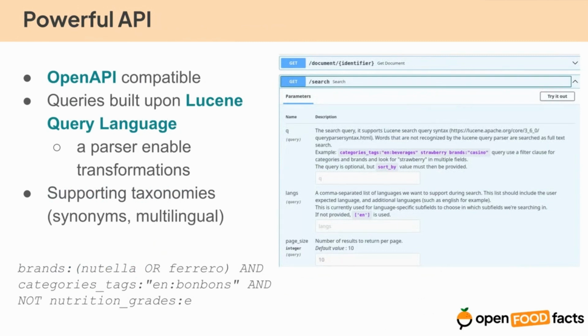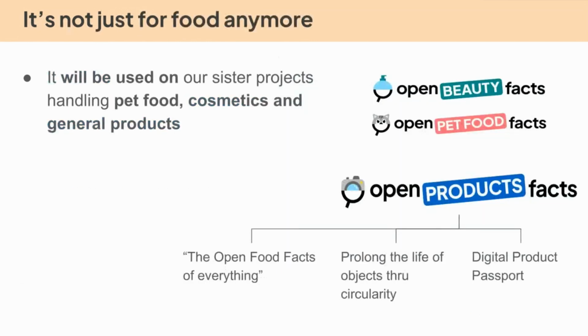It's OpenAPI compatible and built upon the Lucene query language, but with a parser that enables a lot of transformation and smart behavior according to the queries. It supports taxonomies, which are very important to OpenFoodFacts, so it's able to use synonyms and translation in a lot of languages. And we will deploy it also for Open Beauty Facts, Open Pet Food Facts, and Open Products Facts, which are our side projects that we are currently trying to grow.